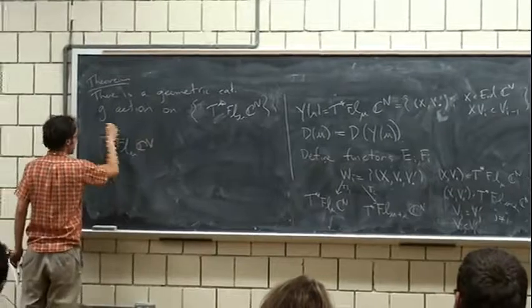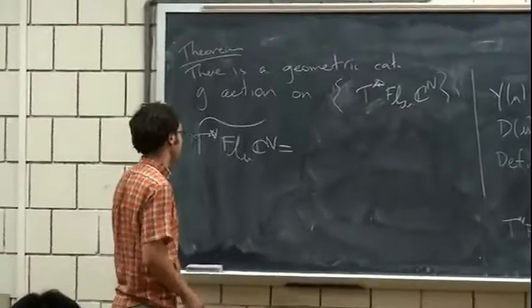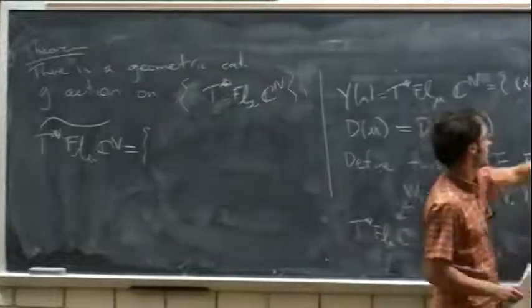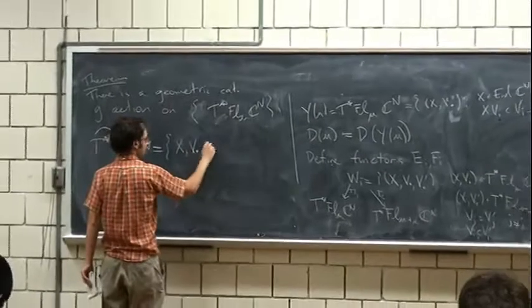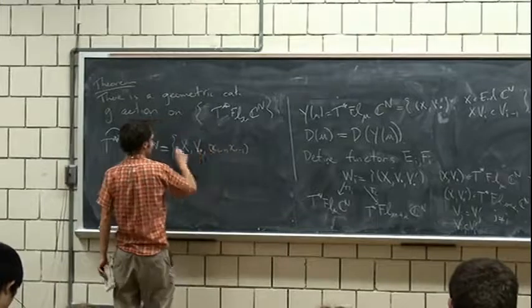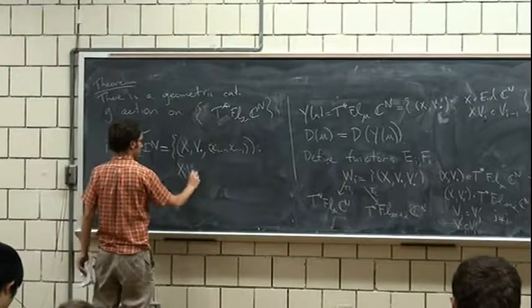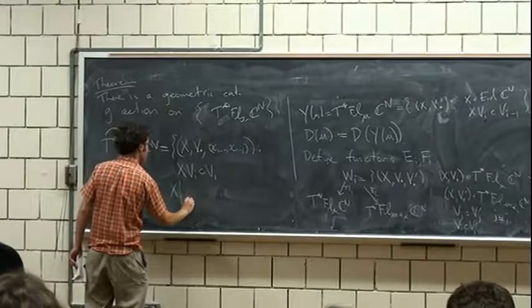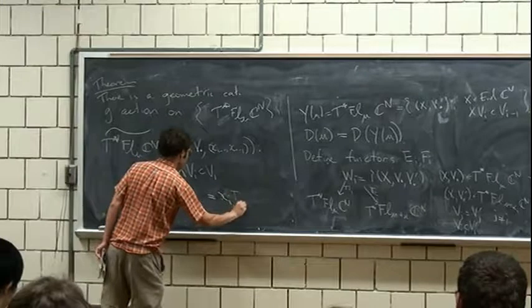which, as I'm emphasizing, is analogous to telling you what the natural transformations of functors are, but much more geometric. So if the space here was pairs x and v with this property, this is triples x, v, and little x, which is little x_1 through little x_n, such that x of v_i is contained in v_i, and like before, x acting on each quotient v_i mod v_{i-1} is by a scalar: x times the identity.